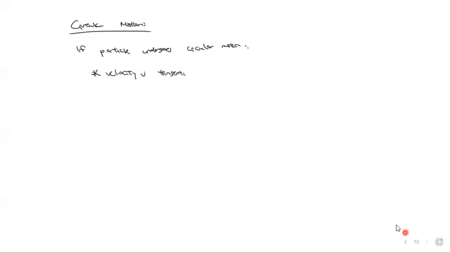So basically, recapping, the key concepts for circular motion are: if a particle undergoes circular motion, then velocity is tangential, acceleration is centripetal, otherwise known as towards the center, and this a_c equals v squared over r.